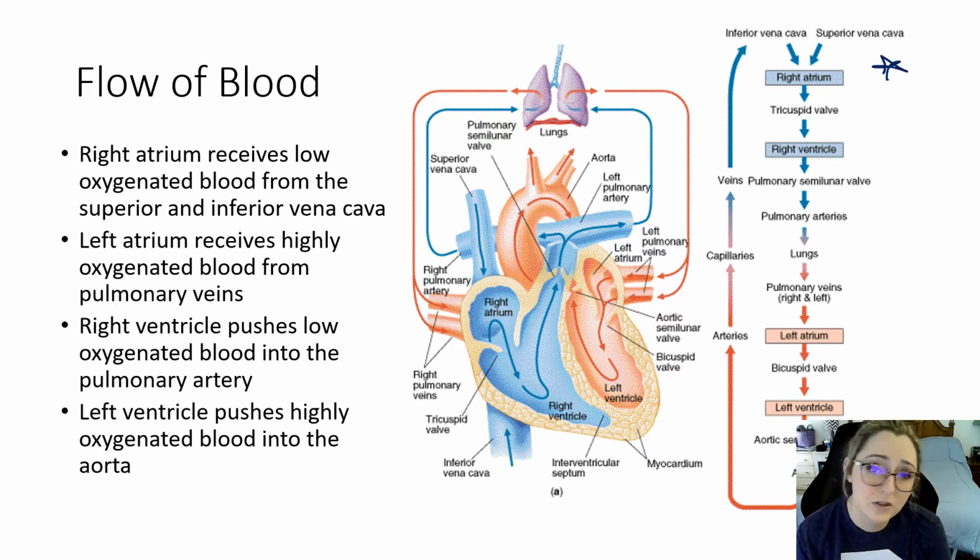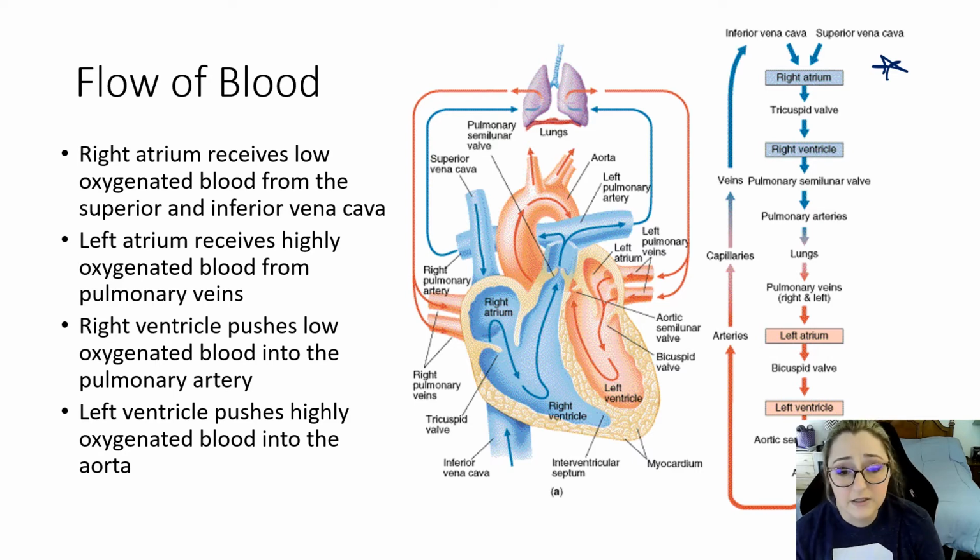I want you to also know where there's going to be high oxygen versus low oxygen. Remember, everywhere in blue, you're essentially going to have low oxygen because those are typically going to be your veins, typically. Again, that changes a little bit because you have those pulmonary veins bringing highly oxygenated blood back into the heart.